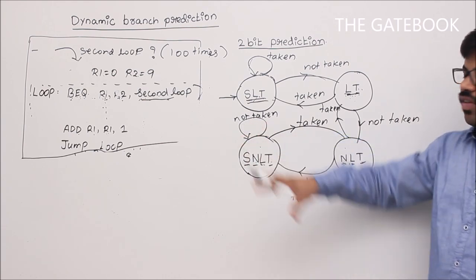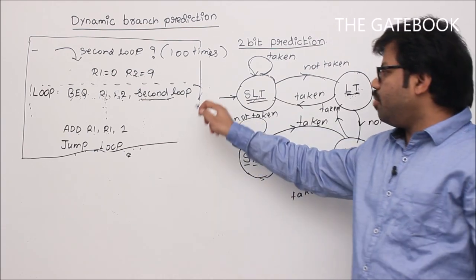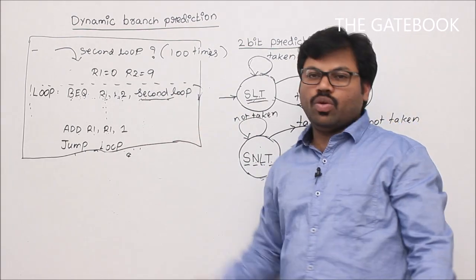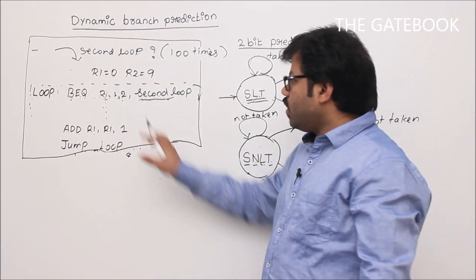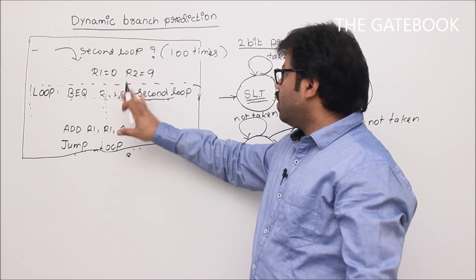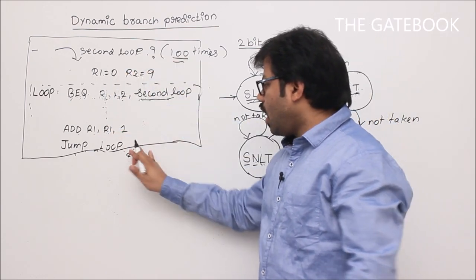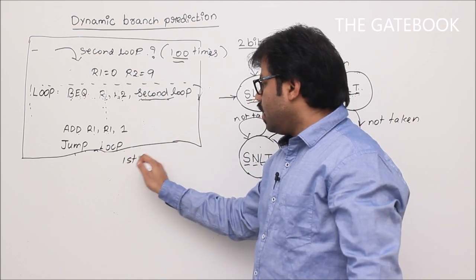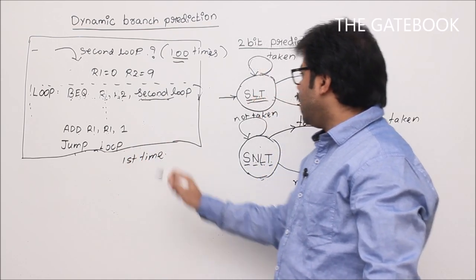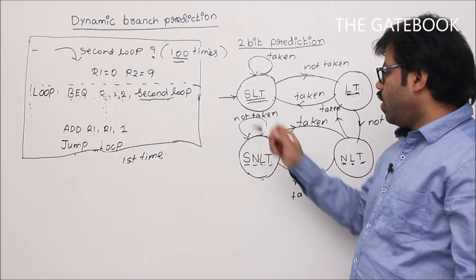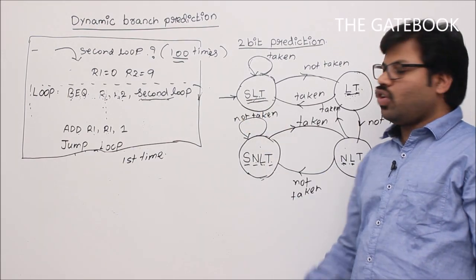So now in this model, let's see what is going to happen. Let us take the same loop. In this loop, first we focus on the first iteration, because the second loop is going to be executed 100 times. Let us focus on the first time out of that 100, and assume that you started with an opinion called strongly likely to be taken.